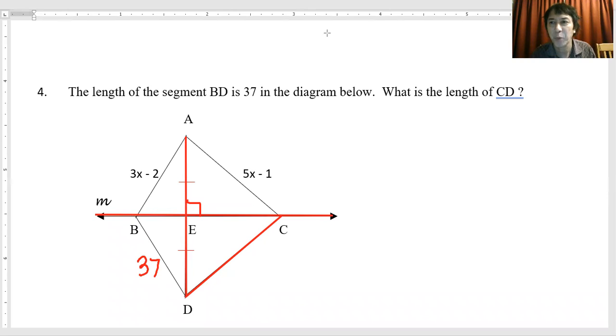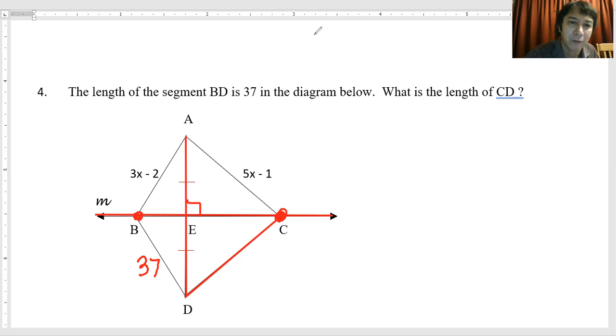If a point lies on the perpendicular bisector, that happens to be this point, also this point, and line M is a perpendicular bisector of segment AD, then that point is equidistant from the endpoints of the segment AD.